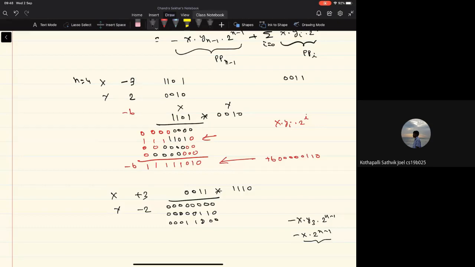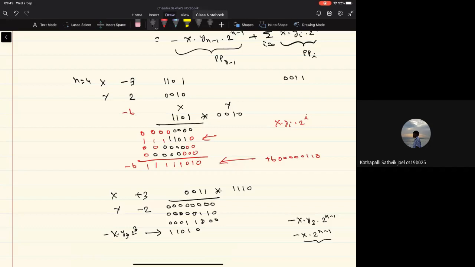And then we need to take the negative of that. So we'll take the 2's complement of this 0, 0, 1, 1 and then put it accordingly. So that will start with the 0 here, and then it will be 1, 0, 1, 1. So this is minus x y3 to the power 3.